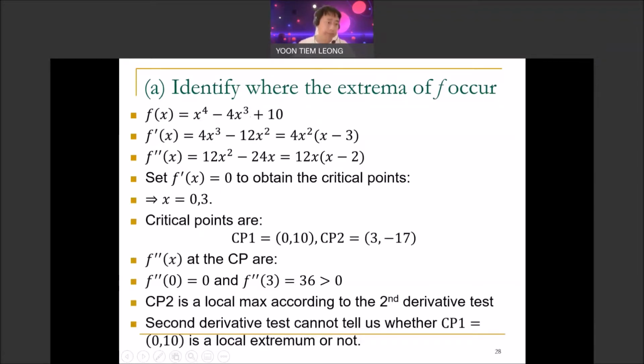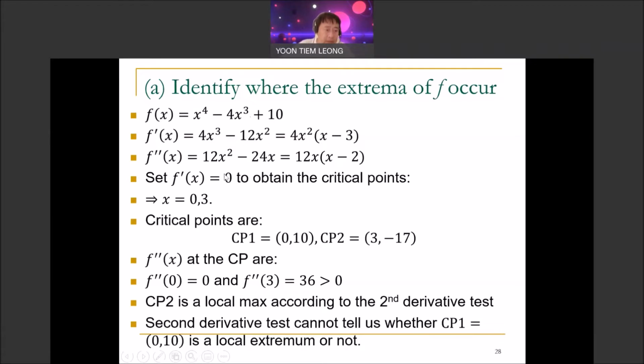To identify the local maximum or minimum, you first find the first derivative and then the second derivative. The idea here is to use the second derivative test to identify the local extremum.